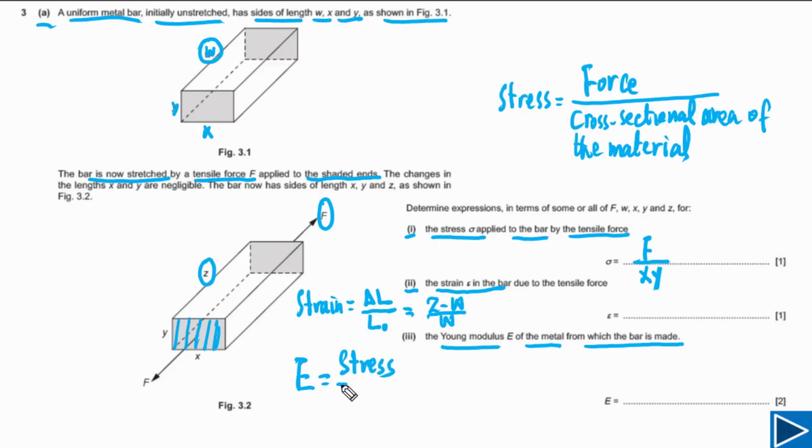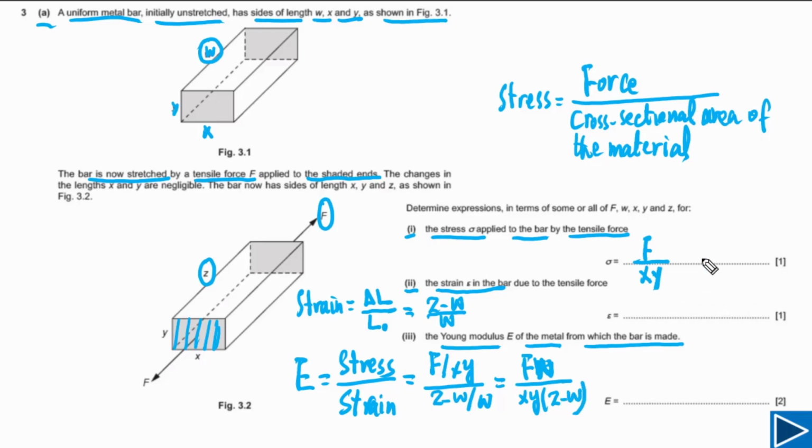Stress is F over xy, divided by strain, which is Z minus W divided by W. If we simplify, this will be FW, because the original length is W, divided by xy times Z minus W. So this is how you can calculate.